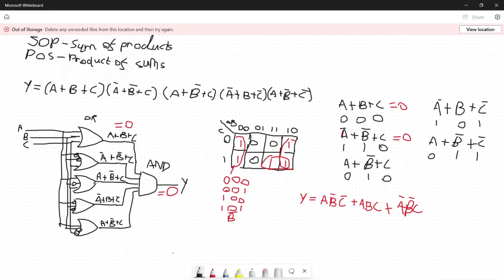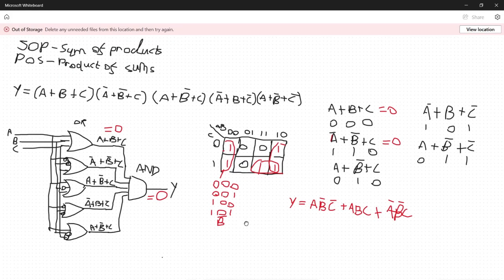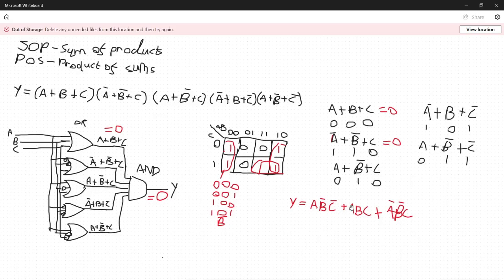Now, when we went back to our original K-map, the one that satisfied this, we essentially used this little line here to simplify down from 6 gates to 4: 3 AND gates and 1 OR gate.